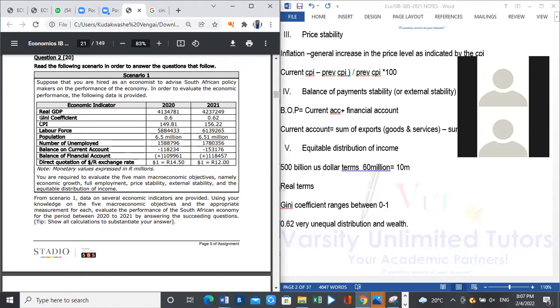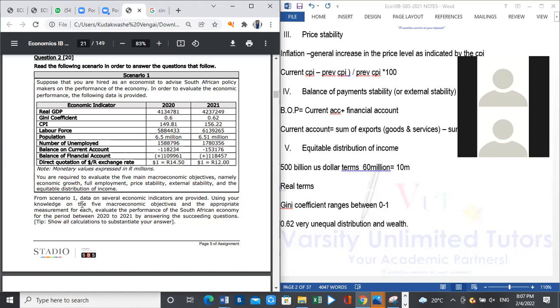Then we have real GDP, Gini coefficient, CPI, labor force, population, and various other things there. We have been told that monetary values are expressed in millions of rand. And you are required to evaluate 5 main macroeconomic objectives, namely economic growth, full employment, price stability, external stability, and equitable distribution of income and wealth.